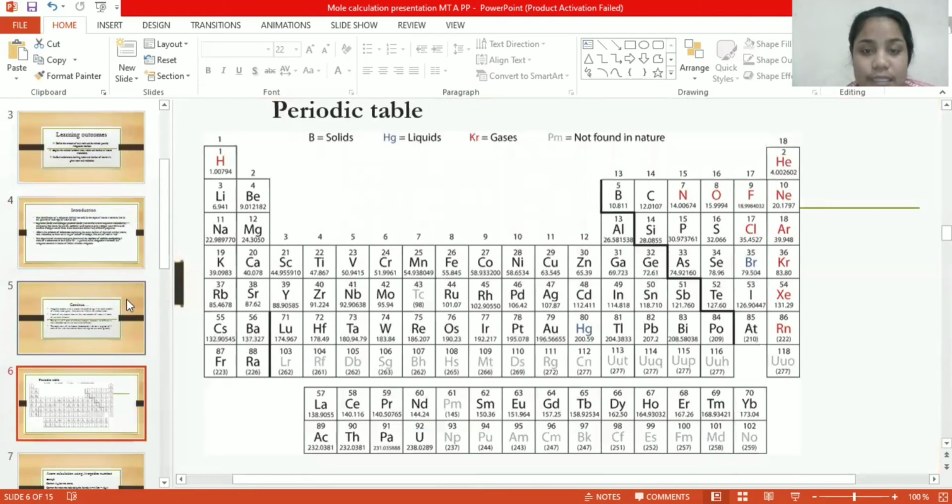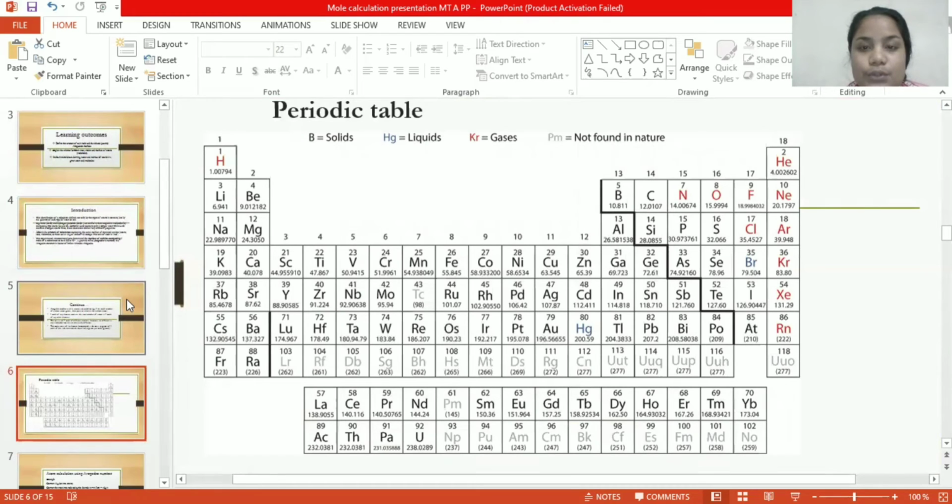So the periodic table is required in this topic. The main use of the periodic table is to help in finding the molar mass of given atoms or molecules.